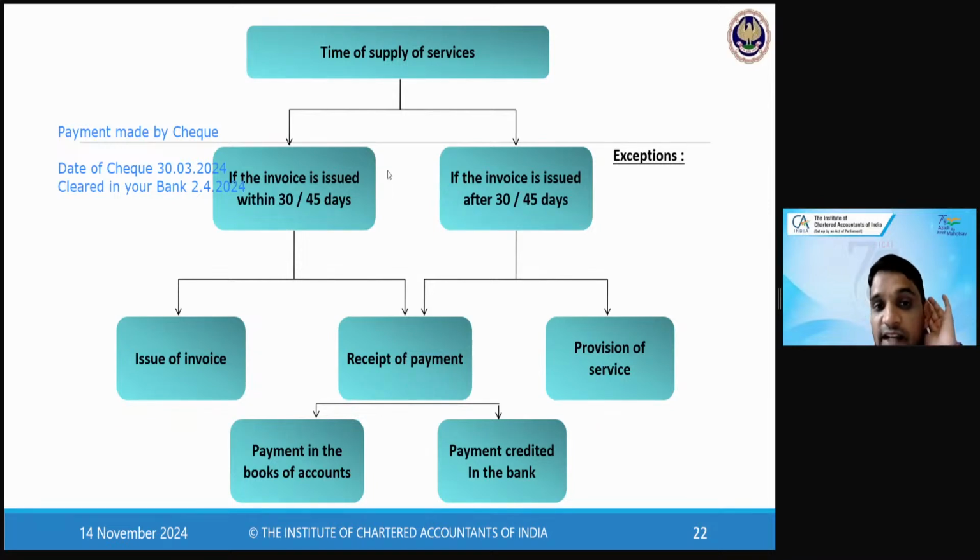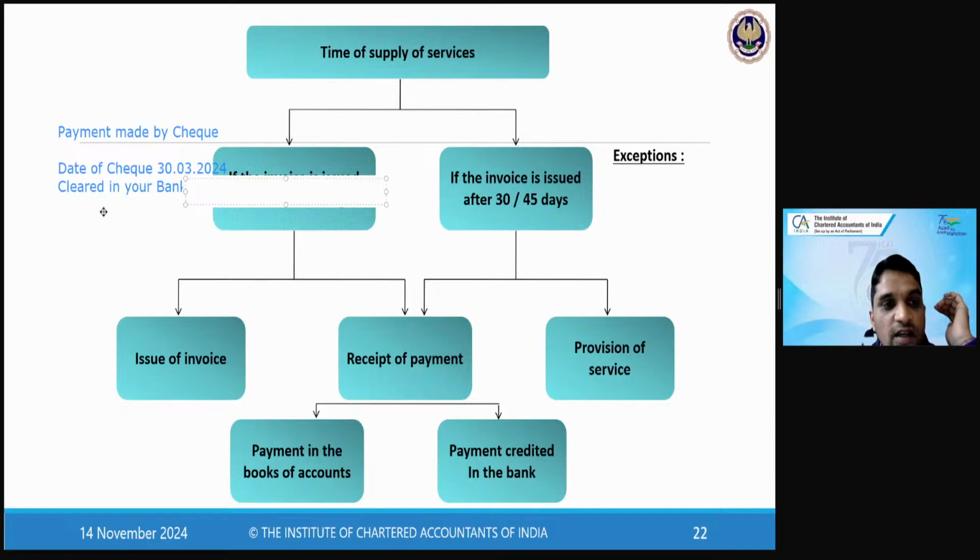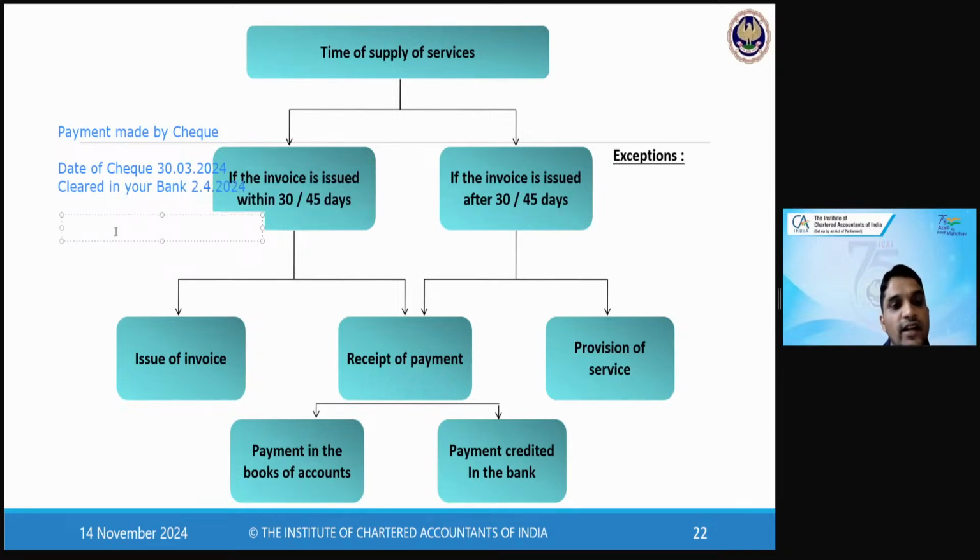Since it is credited on 2nd April, many may say the 2nd of April, but the actual receipt of payment according to the provision, and what is being depicted here also, is payment in the books of accounts or payment credited in the bank, whichever is earlier. So in this case, since the date of check is 30th March, and if you have accounted it as receipt, correct?